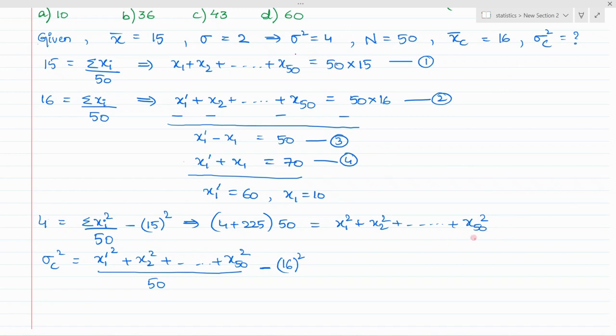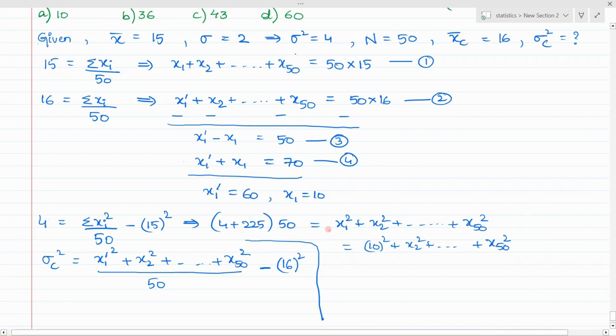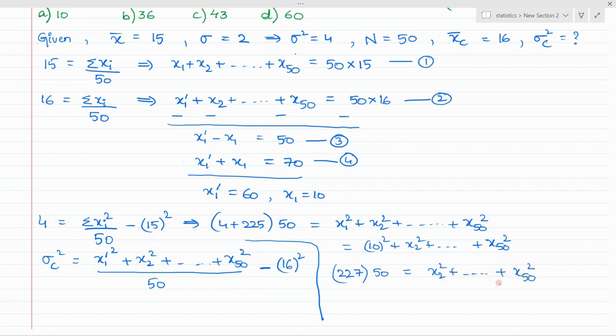If you observe from here, we can write it as x1 square, we know the x1 value, 10. So 10 square plus x2 square so on till x50 square, we can write it as 227 into 50 is equal to x2 square so on till x50 square.